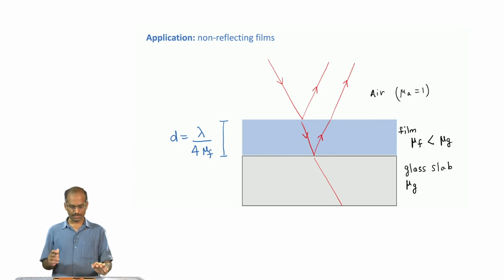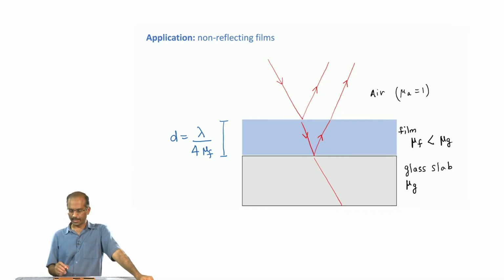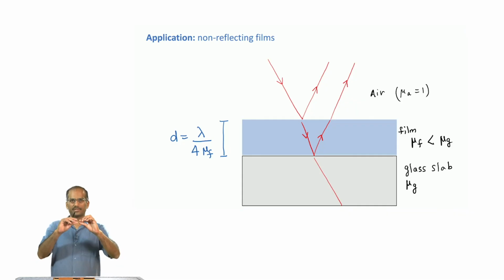In all such cases you can apply the ideas that we explored in the last class and in today's class until now. Let us say that I have this glass slab which is shown in gray color, the lower end, and it has refractive index mu g. On top of it I have a thin film.